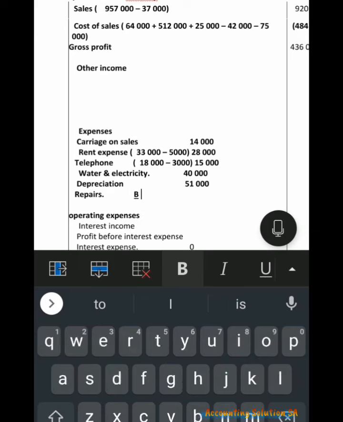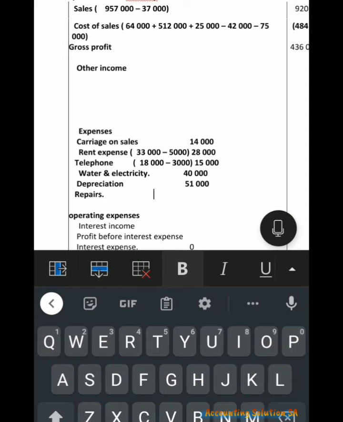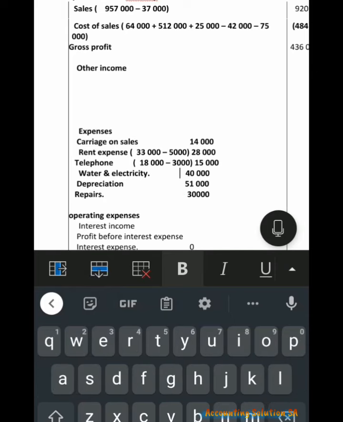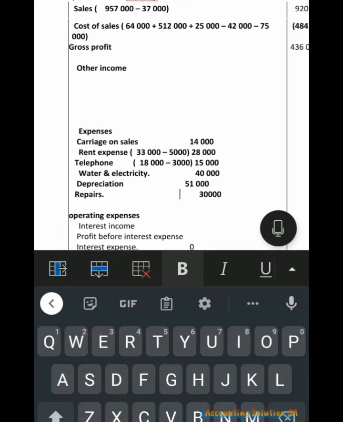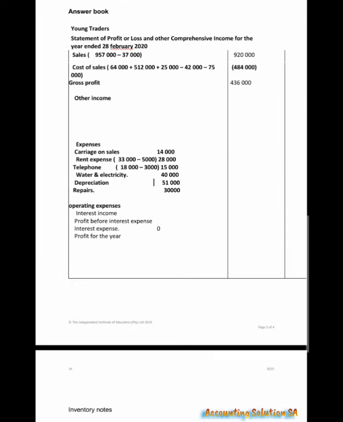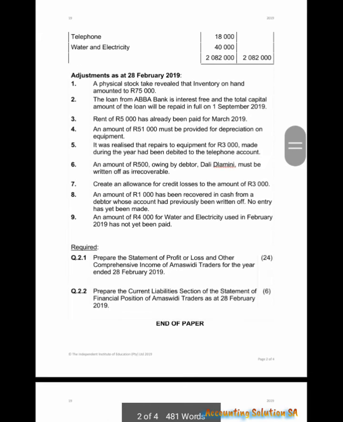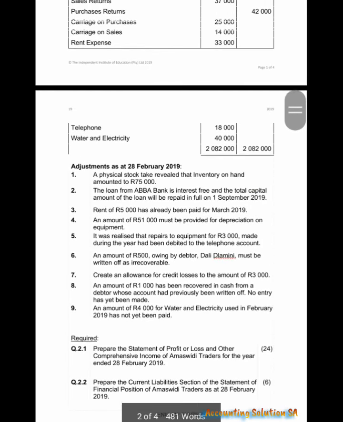Then the amount is 3,000. But if you have a repairs account, which means that you are going to add it under repairs. Okay, let's move on to the next amount.